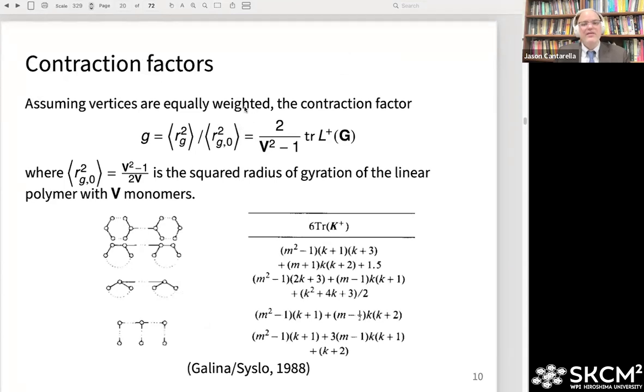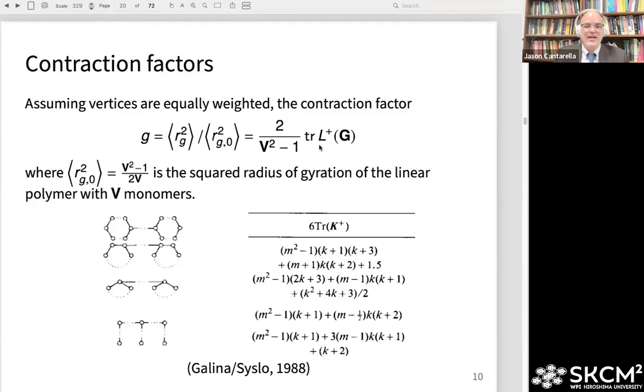And from there, you can get what chemists call the contraction factor, which is the ratio of the expected radius of gyration of your graph to the expected radius of gyration of a linear polymer with the same number of monomers. So that's given by this formula, 2 over v squared minus 1 times the trace of the pseudo-inverse of the graph Laplacian.